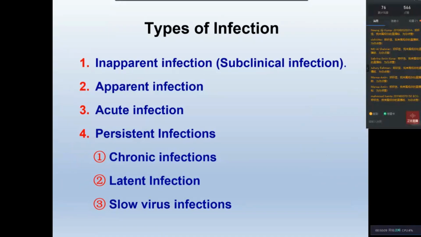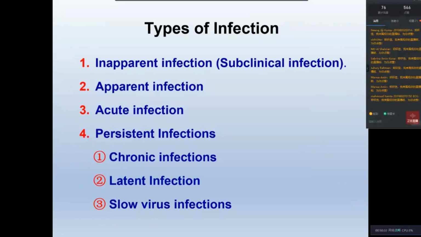Then after that, the patient looks like they recovered, but they still have the virus in their body, and the virus can still be detected, and they can transfer the virus to others. This is the HBV chronic infection.